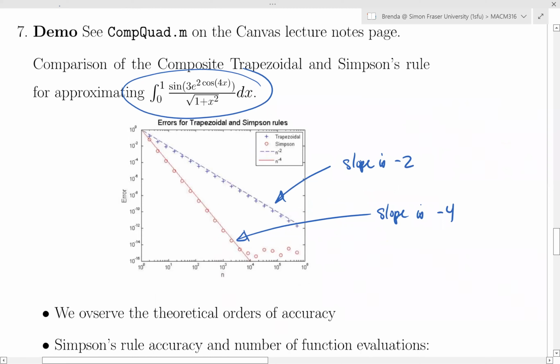We're getting down, in this case with Simpson's method, with this many iterations, to basically machine epsilon, and this one may well continue down. Can't tell, but there's no reason to expect it not to. If you continue down, you can get down to machine epsilon. You've got to do a lot of intervals. Look at this, already 10,000 intervals on the Simpson method, and it's noticeably more on the trapezoidal.